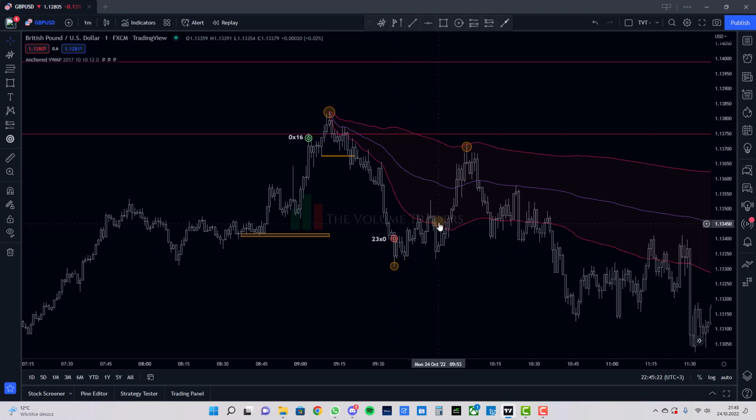So maybe the buyers are now controlling the market. But then what's happening? The price is coming once again back below the VWAP. So maybe that was only the manipulation. For some reason price was above the VWAP to invite maybe buyers, and then boom, it's going back down.